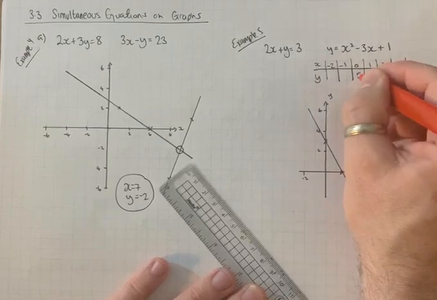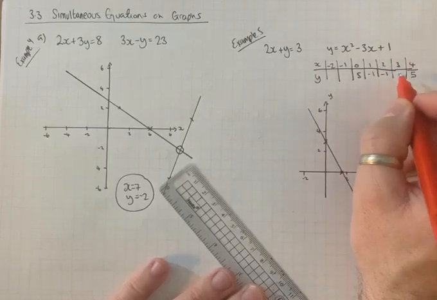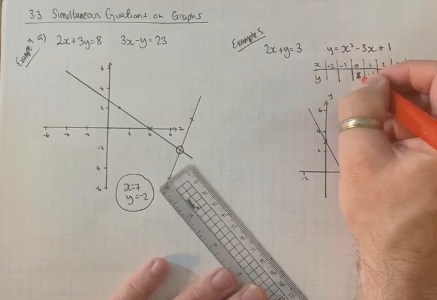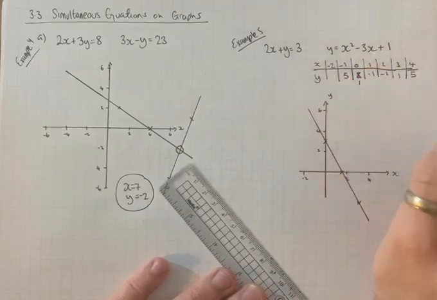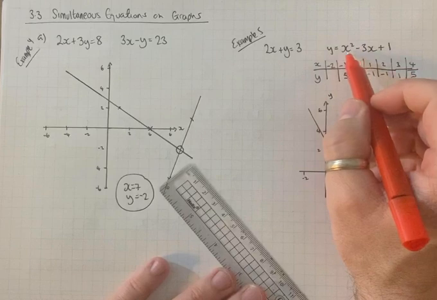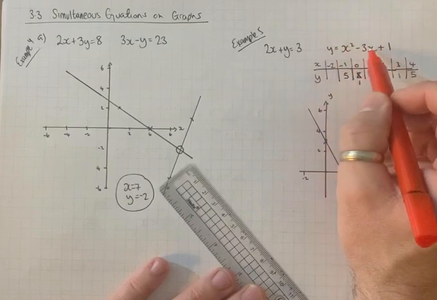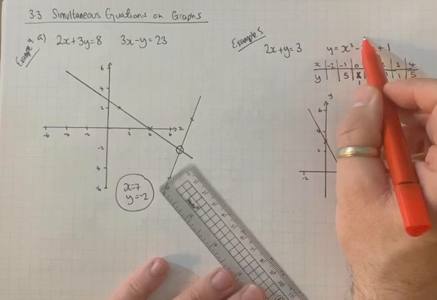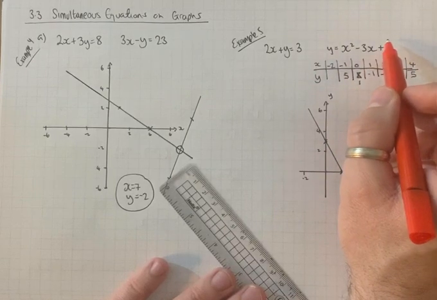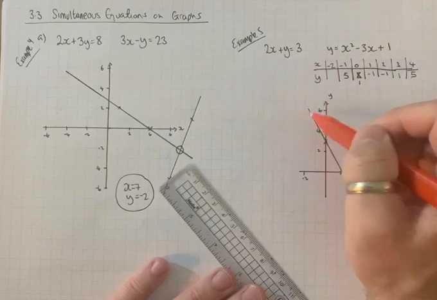Oh no, sorry, that's going to be a 1. That's going to be a 5. And x is minus 2: minus 2 squared is 4, minus 3 times minus 2 is 6, so 4 plus 6 plus 1 is 11. So that's going to be off the graph anyway.